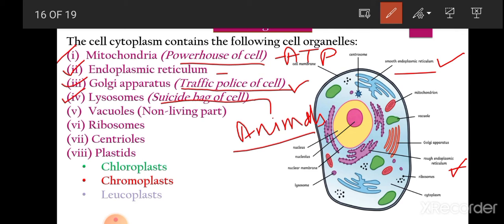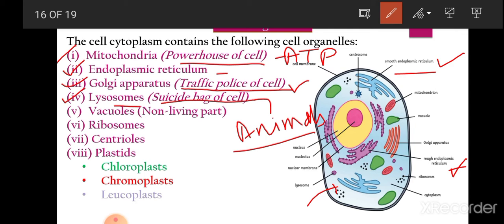Means suppose any foreign particle enters the cell, the tissue digesting enzymes present in the lysosomes, these lytic enzymes, digest these foreign particles or substances in the cell.